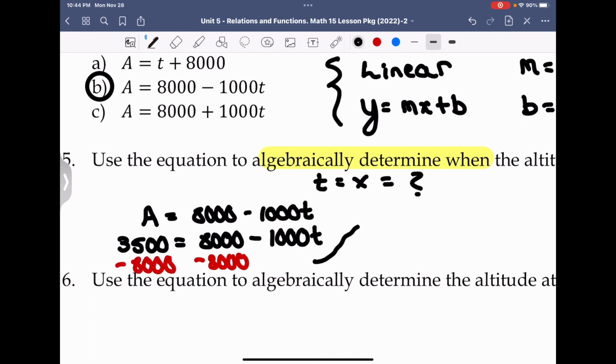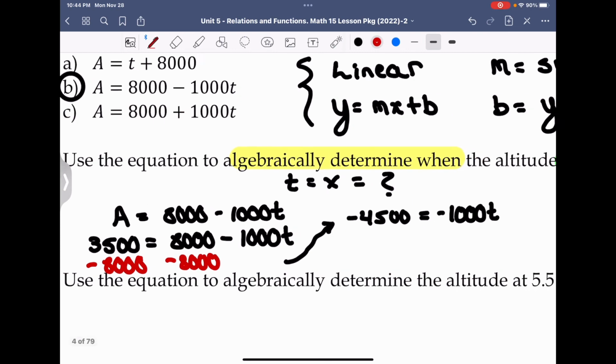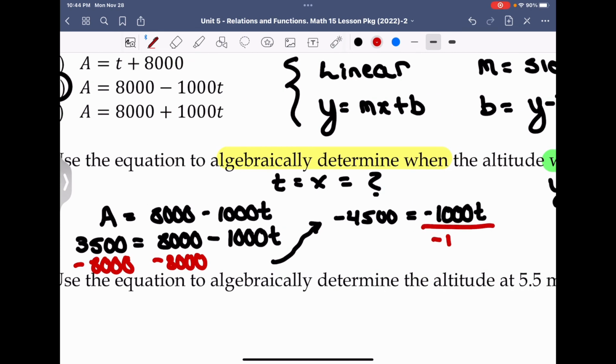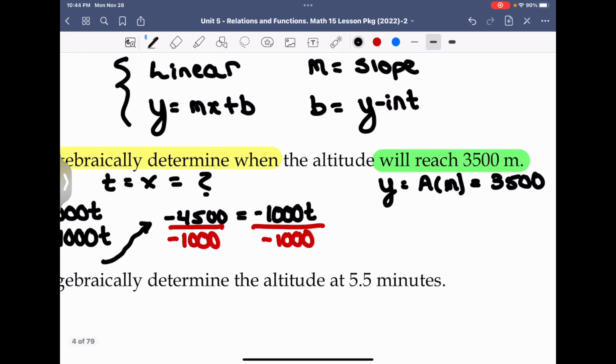This means we have negative 4,500 is equal to negative 1,000t. We divide both sides by that negative 1,000 because we want to isolate for t. Therefore, we should get a t value equal to negative 4,500 over negative 1,000, which is equal to 4.5.